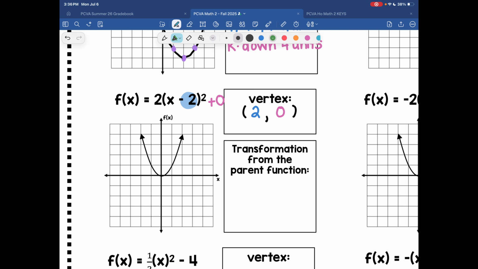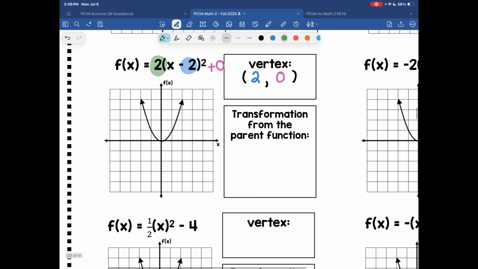Now, the other thing that we've got to look at is what happens when we have this 2 being multiplied in front. It's not in the parentheses, it's being multiplied in the front. Well, that 2, so remember we said the absolute value of 2, that's technically still going to be greater than 1. So we have a vertical stretch, and that vertical stretch is going to be a vertical stretch by 2.